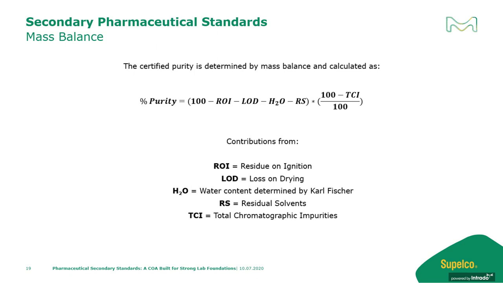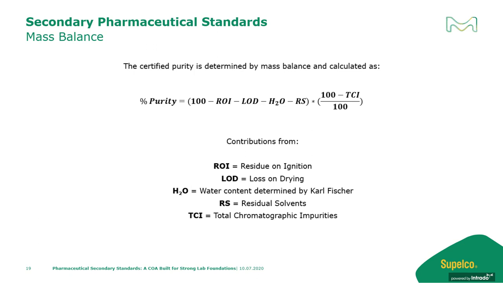TCI is calculated this way because HPLC methods see the peak area of an impurity relative to the sample that was prepared for HPLC, and contributions from things like inorganic salts or water may not be visible in an HPLC chromatogram. So we're looking at the fraction of impurities that are visible in comparison to the rest of the peak areas on the HPLC. So this is the mass balance equation that is used for the characterization of secondary standards.